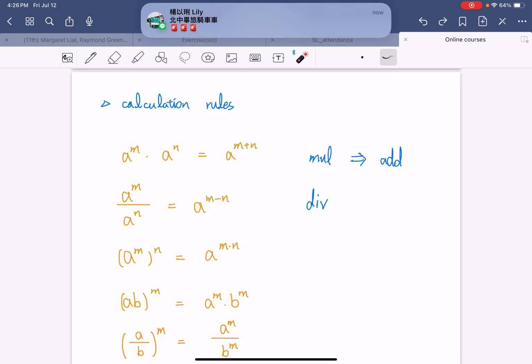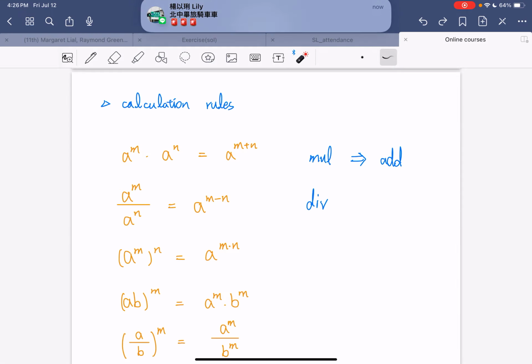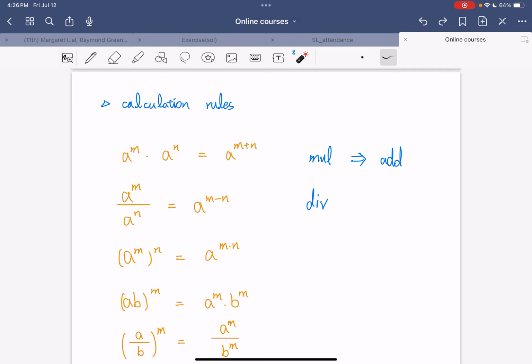Okay, become subtraction. And pay attention to the order. The n in the numerator goes first. The n in the denominator goes last. So remember that.